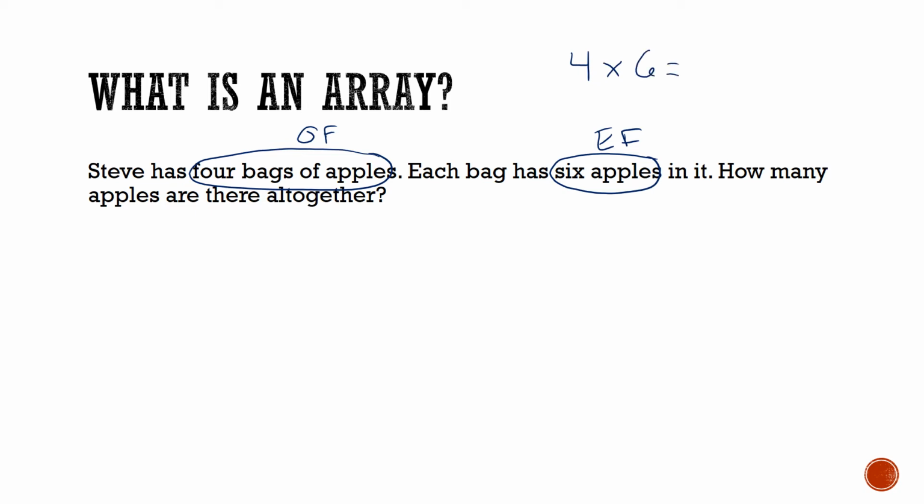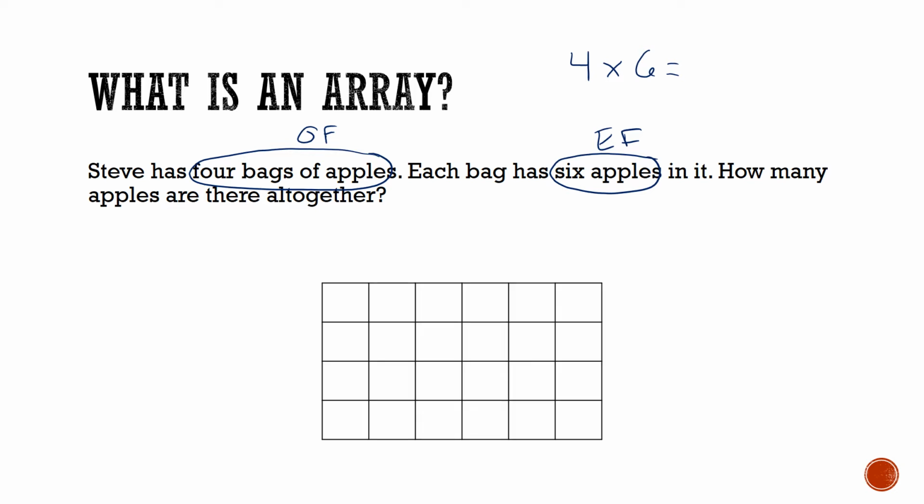So I need an array that matches that problem. An array is a group of rows and columns that can represent our problem. Since I have 4 groups, I have 4 rows here. 1, 2, 3, 4. And I have 6 squares in each row. 1, 2, 3, 4, 5, 6.